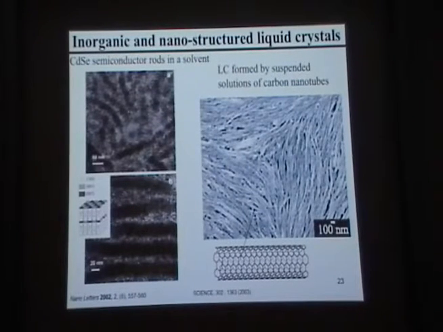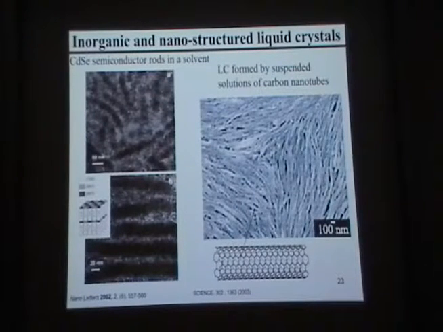Many nanoparticles, such as carbon nanotubes, such as different types of inorganic nanorods, can form liquid crystal phases too, and in here I just give some examples, right? So all you really need is to stabilize those nanocolloids or colloidal particles, and as long as they have shapes anisotropic enough, they can form liquid crystal phases too.